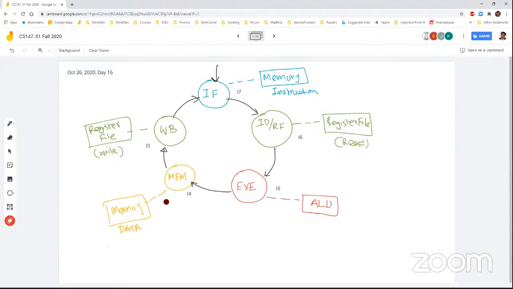Different location, but at least the same hardware resource. So these are the structural hazards happening, and we need to resolve that before even going to the next type of hazard, called the data hazard.